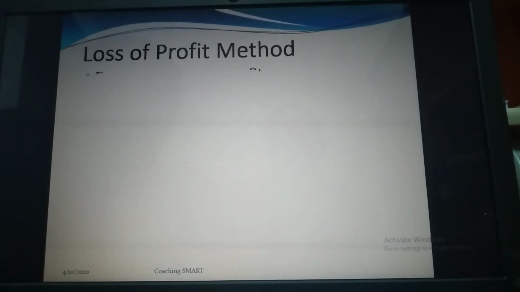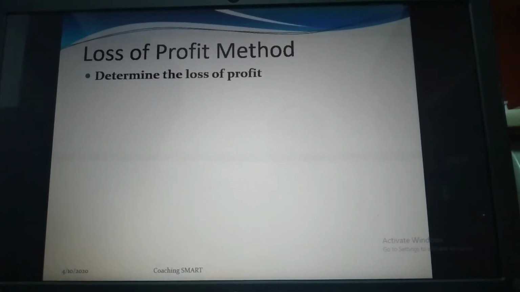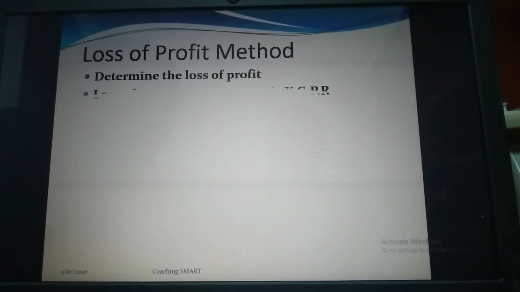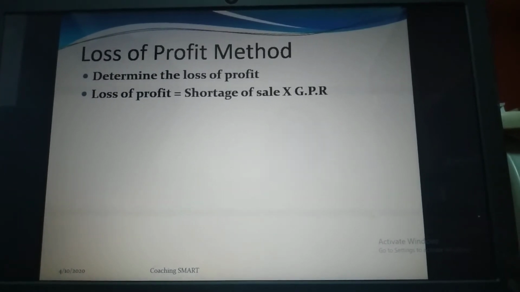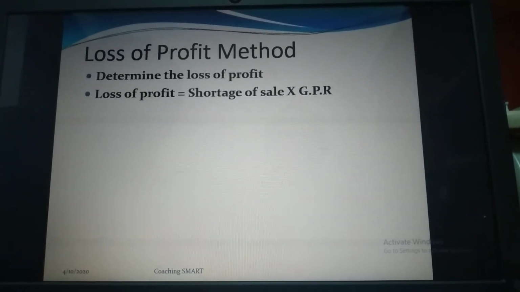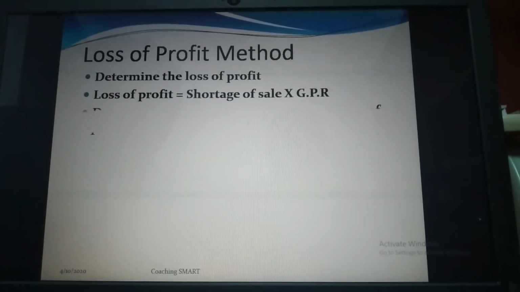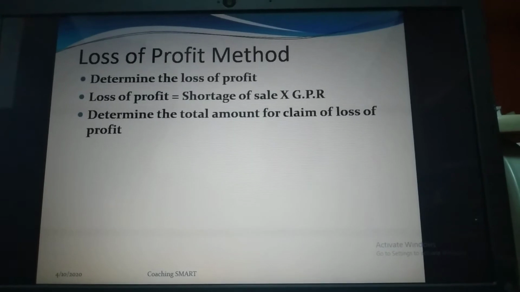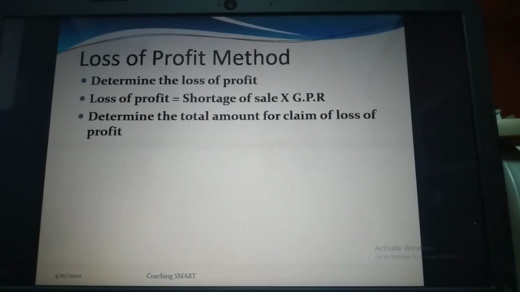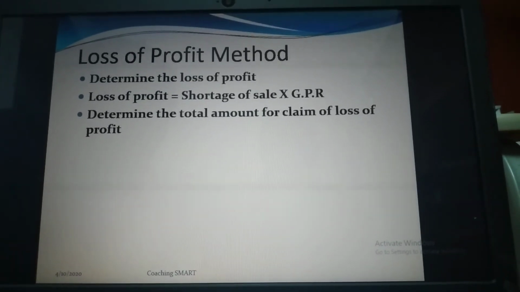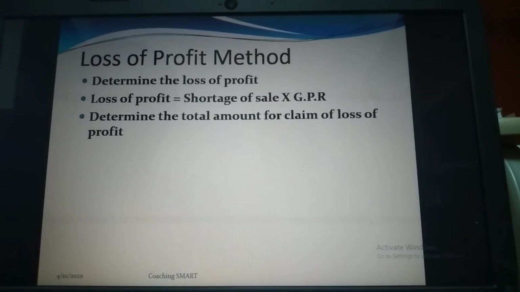Number four, determine the loss of profit. Now, how do you get the loss of profit? Say loss of profit equals shortage of sales times gross profit ratio. Number five, determine the total amount for claim of loss of profit. How do you get that?